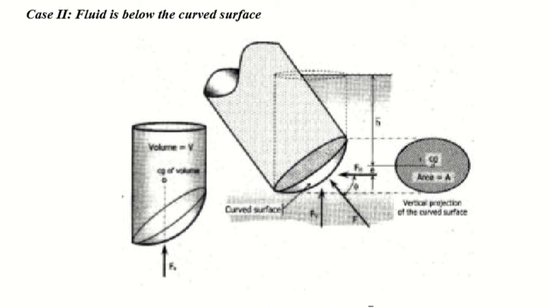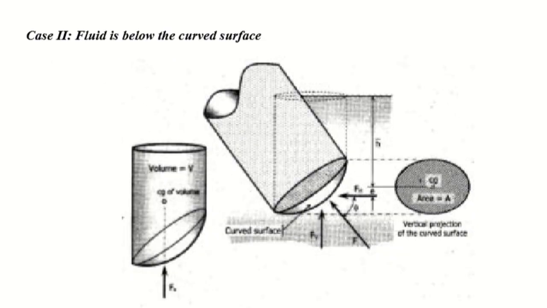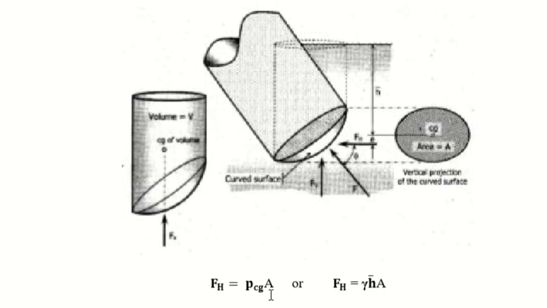Pero sa inclined surface, meron lang tayong isang component, that is perpendicular to the area. Pero kapag curved surface, both case 1 and case 2, yung forces natin ay may dalawang components, along horizontal at saka along the vertical components.